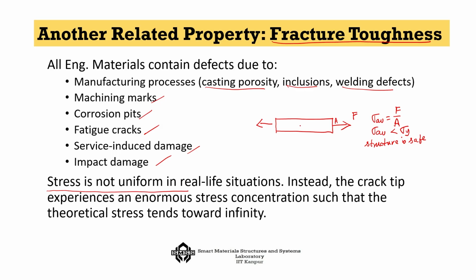But you imagine that you have a small crack here. Then what will happen? The stress distribution will be non-uniform at this crack tip. The stress distribution would highly increase towards the tip of the crack.